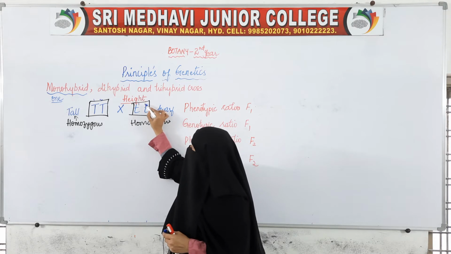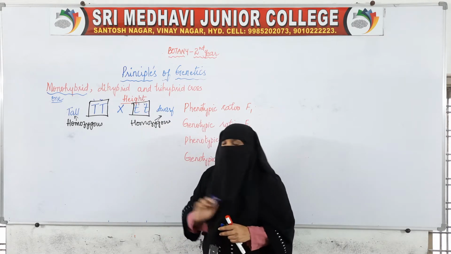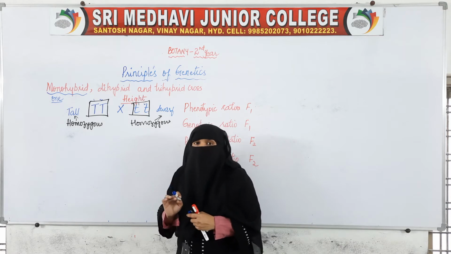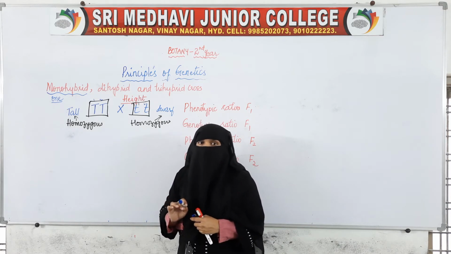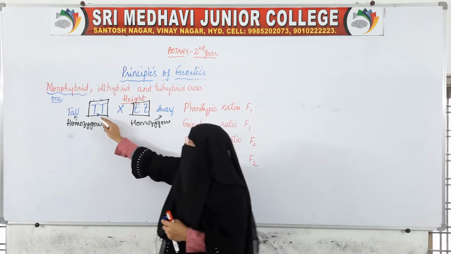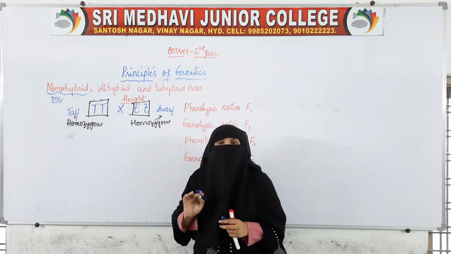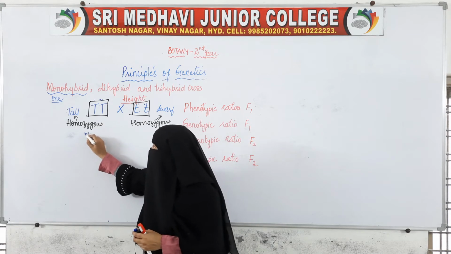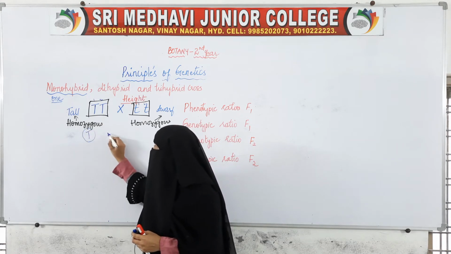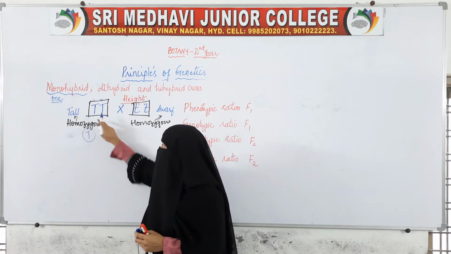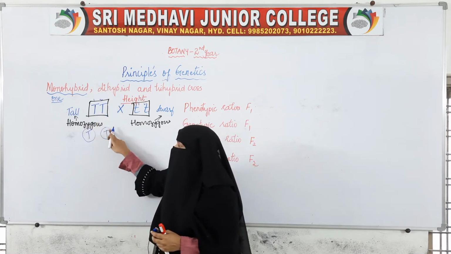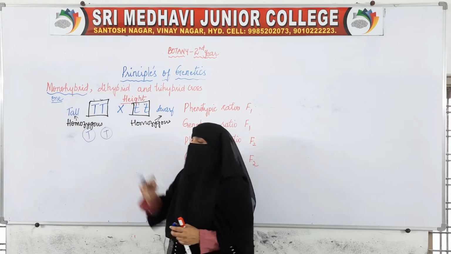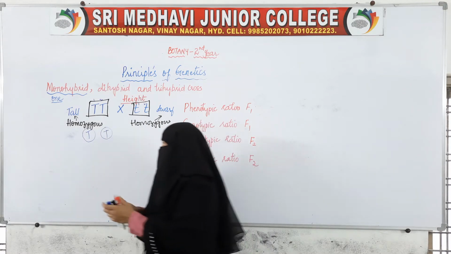Both alleles are together, but during gamete formation these two alleles will get segregated, separated. This is one gamete and this is another gamete. Both of them were together, and now they are segregated.